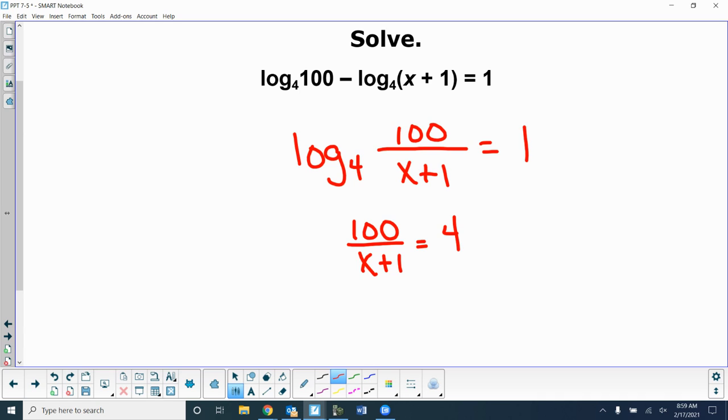Come on, let's focus. Multiply. So we're gonna multiply by x plus 1, right? All right, can you finish it now? Distribute 4.